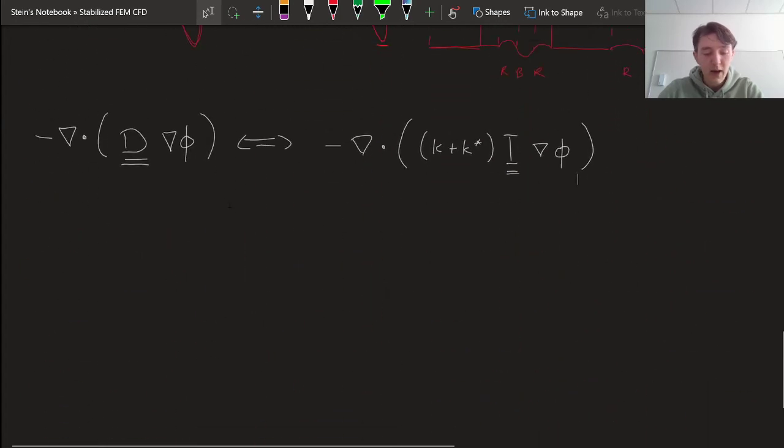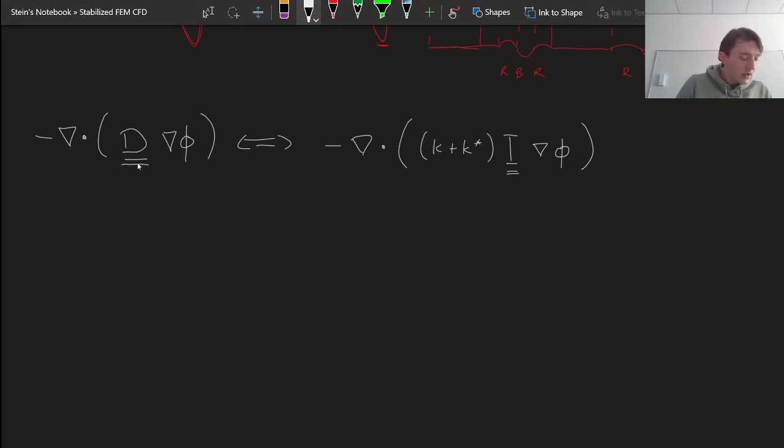But now it's of the form of what we see on the left here with a second order diffusion tensor. Now this is again isotropic, the identity tensor. We might want to do now something that is orthotropic. So let's try to draw this out. So, suppose that we have a certain advection vector that points across a certain direction. So this is going to be A.